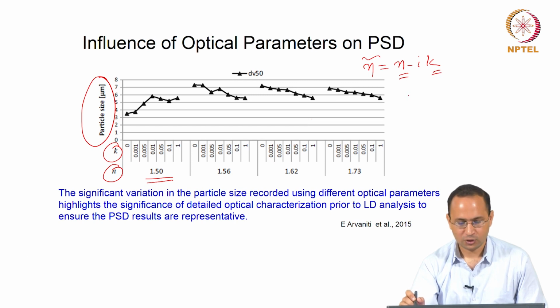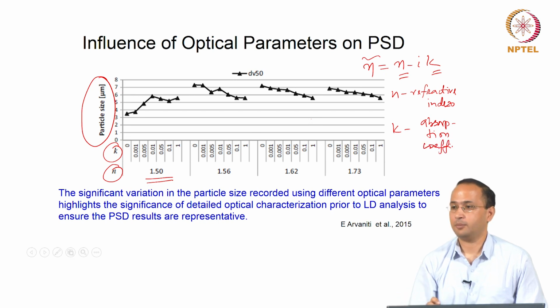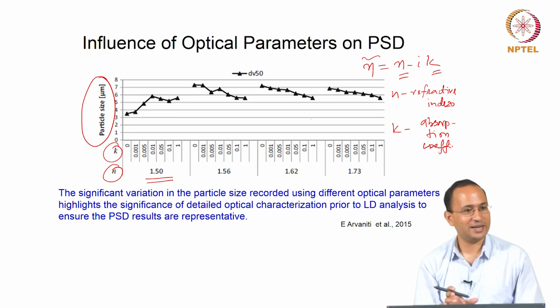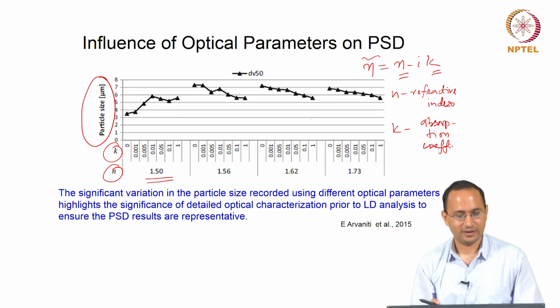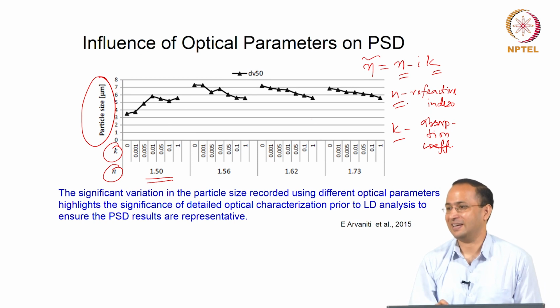N is the refractive index, which usually you have that information, and K is the absorption coefficient. Understand? Because now we are taking into account both refraction and absorption, right? So it is important to know these N and K.